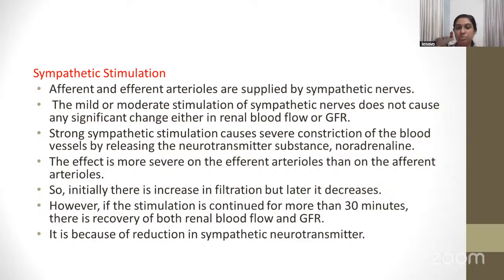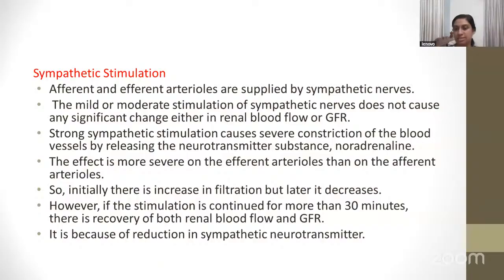When strong sympathetic stimulation occurs, there is severe constriction of the blood vessels all over the body, by release of the neurotransmitters noradrenaline and adrenaline, which are secreted in large amounts during strong sympathetic stimulation.